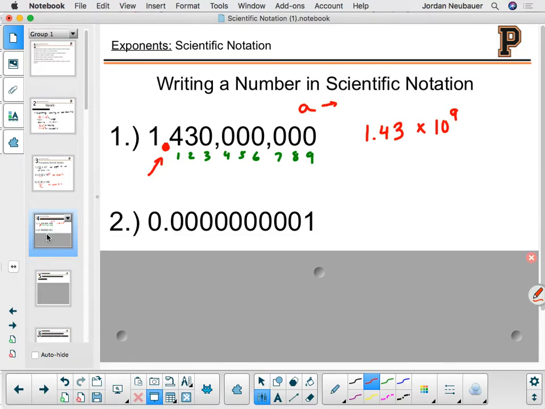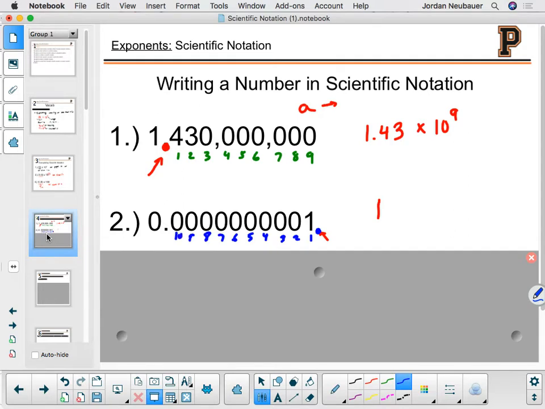Here we got a really, really small number, and that base number that we see here is going to be right here. That's the number 1. Okay? And all we need to do from there is just count decimal spots. If we place it here, we need to go 1, 2, 3, 4, 5, 6, 7, 8, 9, 10, and 11 spots back.